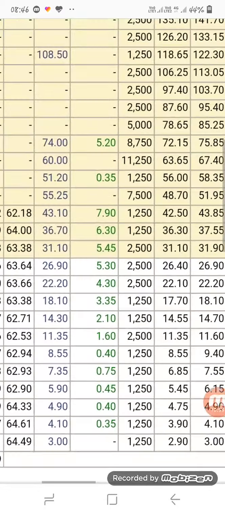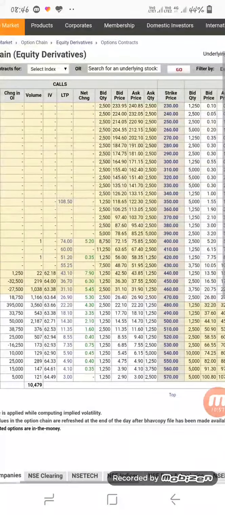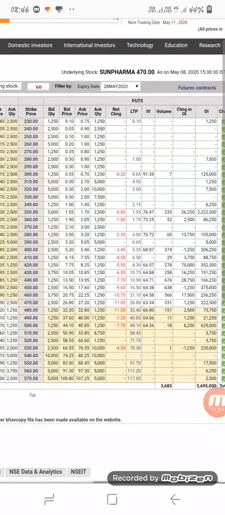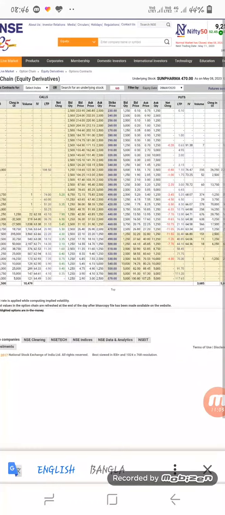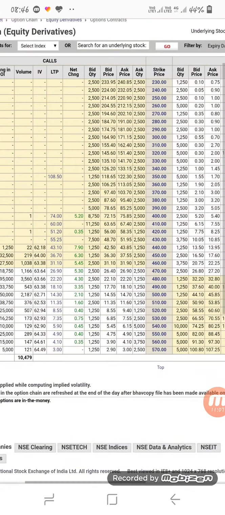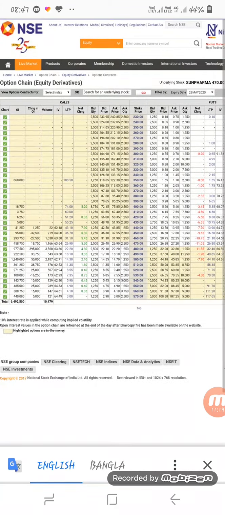So after we pay 14.30, we can buy a call option, and if the price increases from 470, there is a chance that we might make a profit. There are other concepts like calculation of the break even point, which I won't be explaining today. Today I'm just making a simpler video on options. So I hope you have understood it.